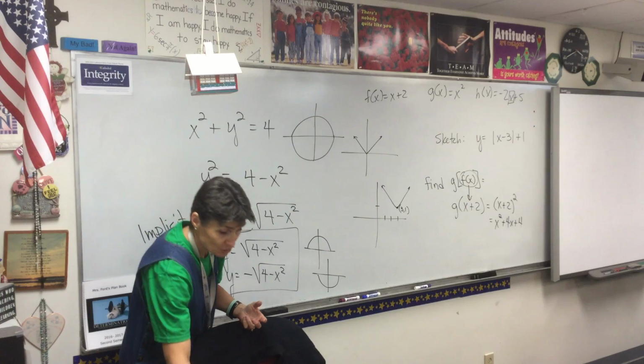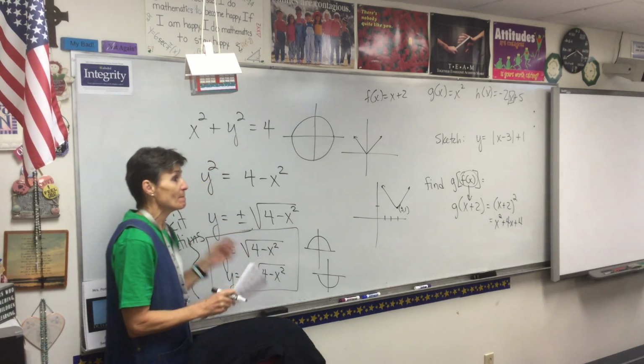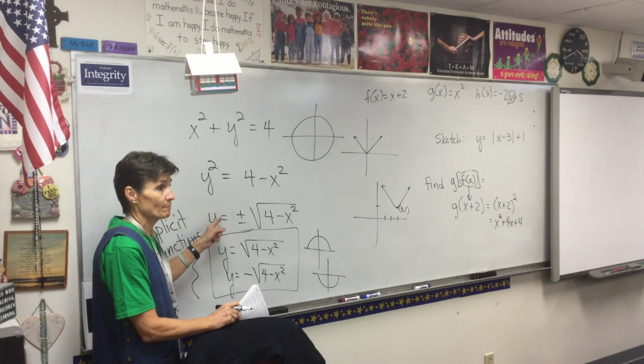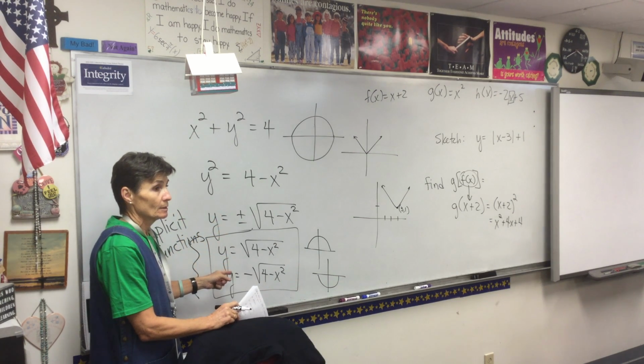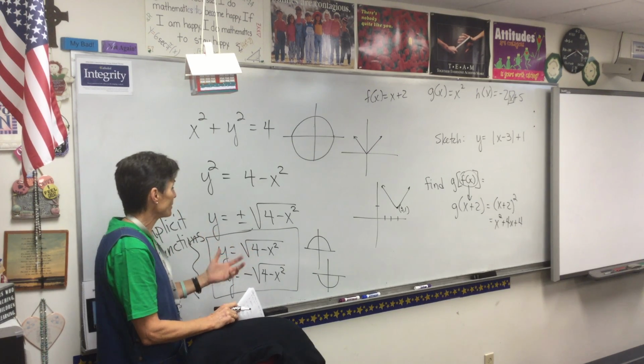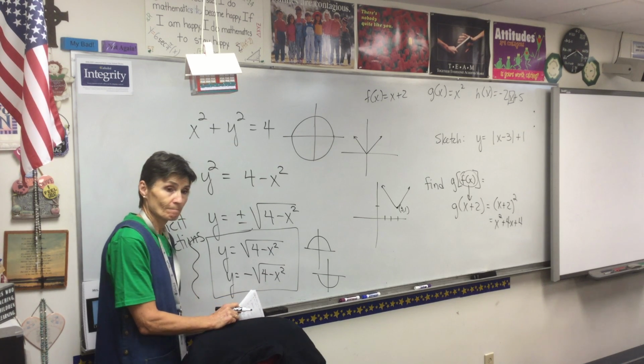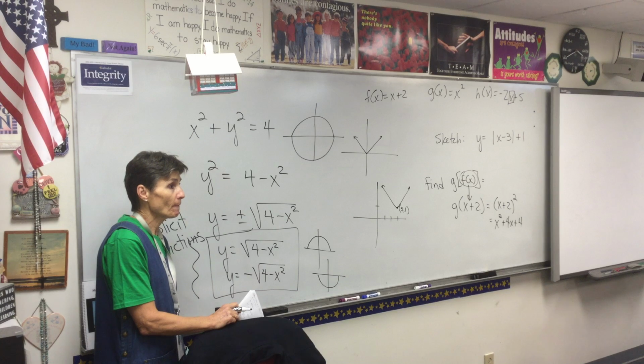So when somebody says to you, find the implicit functions, they mean solve for y. And it's almost always going to involve a plus or minus situation. Okay? Everybody getting that circle?